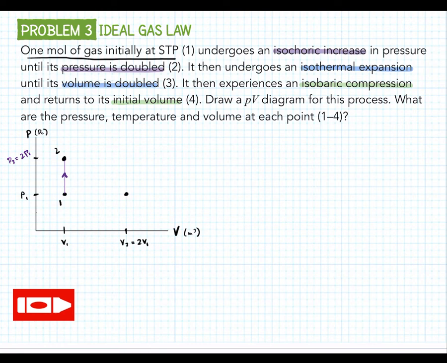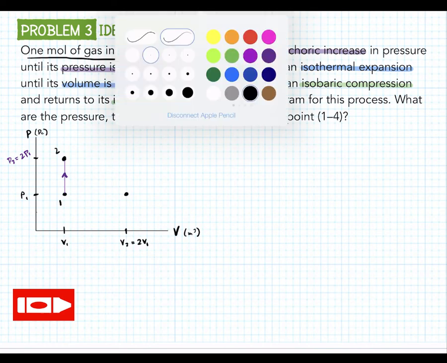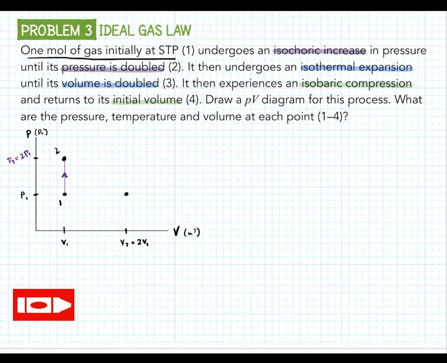And we also know that we're returning to our initial volume, and the next thing is going to be isobaric. So even though we don't really know where this dot goes, we know the final process should look like this because it has to be along this line. So it's pretty reasonable to assume that this dot should be here on the same line as the original dot.